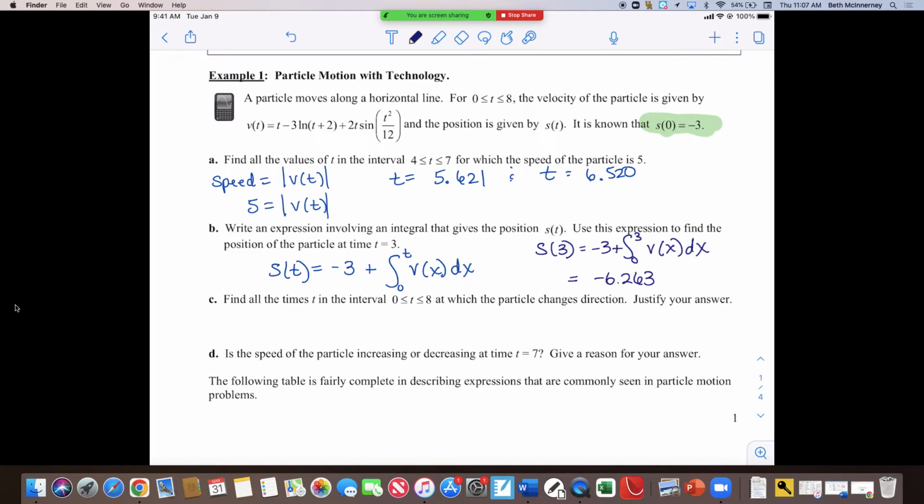Letter C, find all the times t in the interval from 0 to 8 at which the particle changes direction. How do we know when it changes directions? Anybody remember from chapter 4?